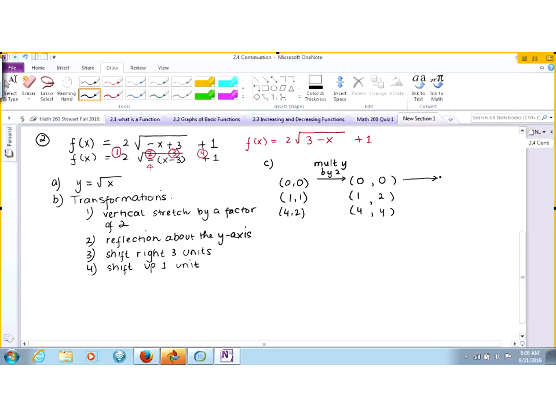Okay, so now shift right, no, I'm sorry, reflection about the y-axis. So Yanli, do you want to try to tell me what they are? Does it affect the x or the y? You subtract it, or you multiply, or what? Multiply x by?